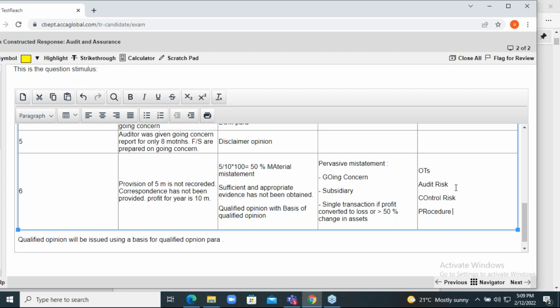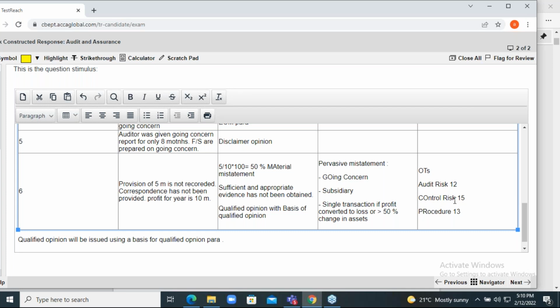So what happens is that students often get average marks when they are considering these three long questions. So let's say they get 12 marks from audit risk and 15 marks from the control risk question and 13 marks from the procedure risk question.